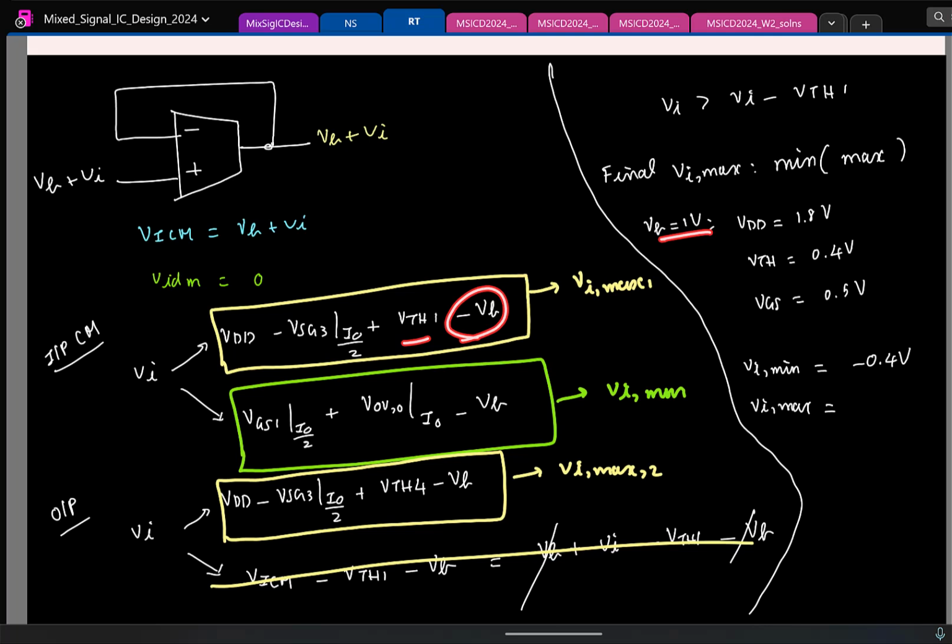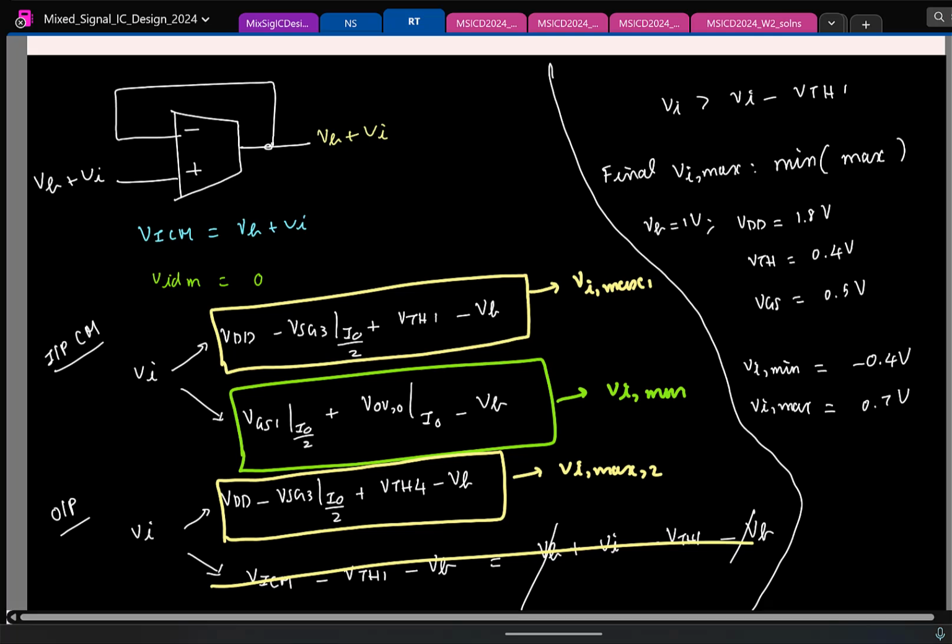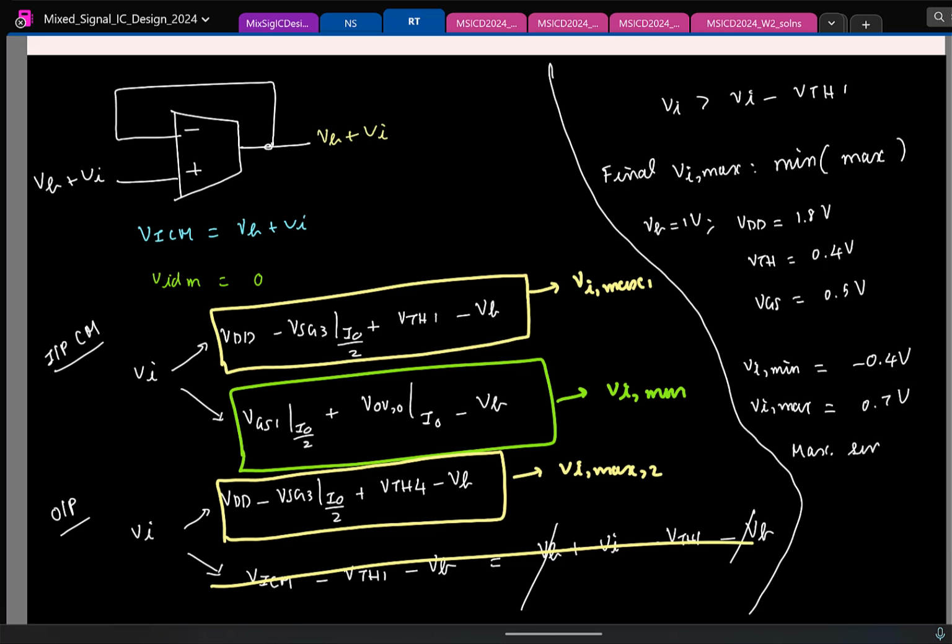VB is 1 volt. 0.7. Right? So now if I had to ask you what is the maximum sinusoidal amplitude you can apply to this thing, what will that be? It will be basically the minimum of these, which is basically 0. So the maximum sinusoidal amplitude you can apply is basically 0.